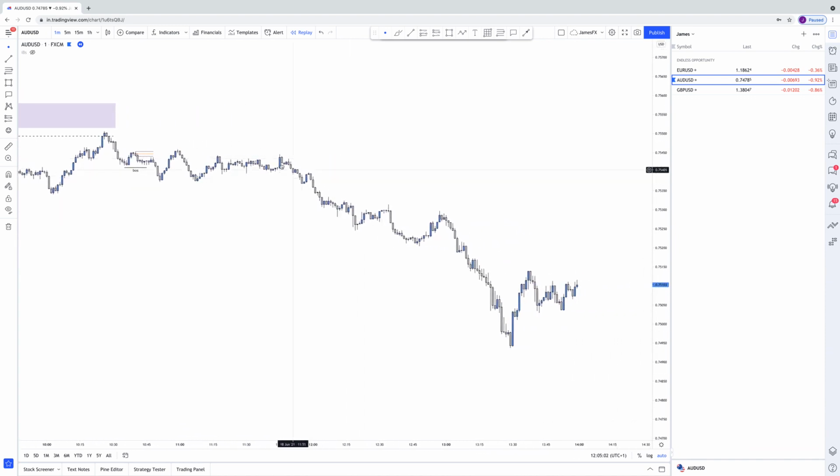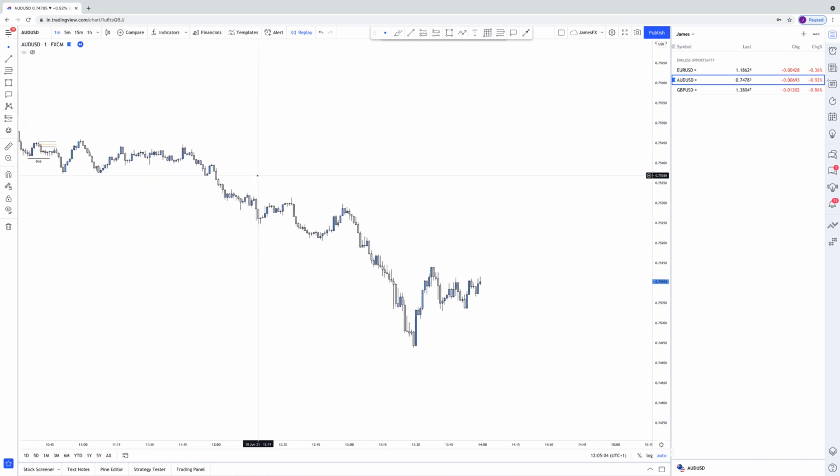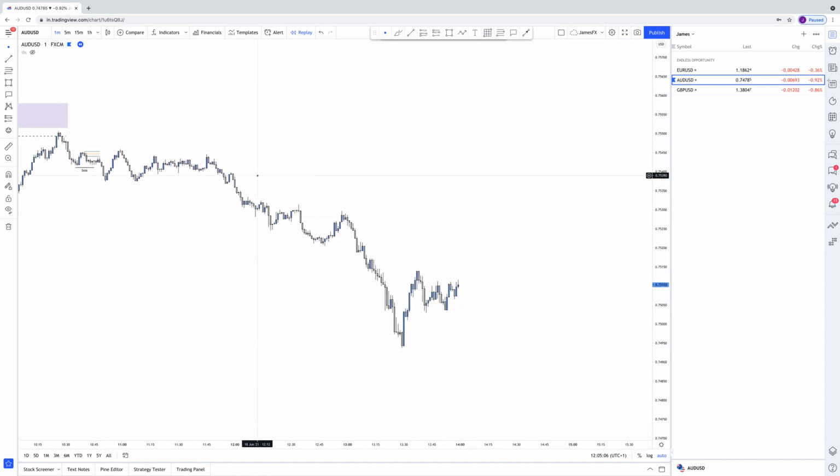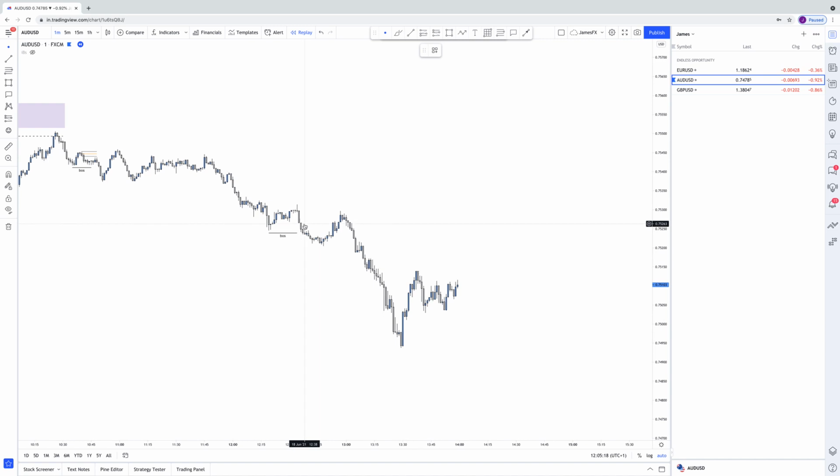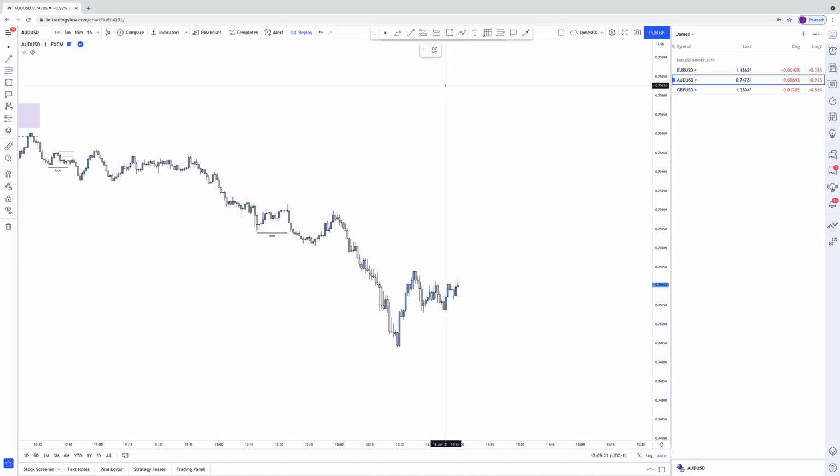until, well, we broke lows here, but the next super clear sort of entry was here, which is what I took. So we broke structure and we have a clear candle that we can look at, as I'm sure you can see, which is that candle there.